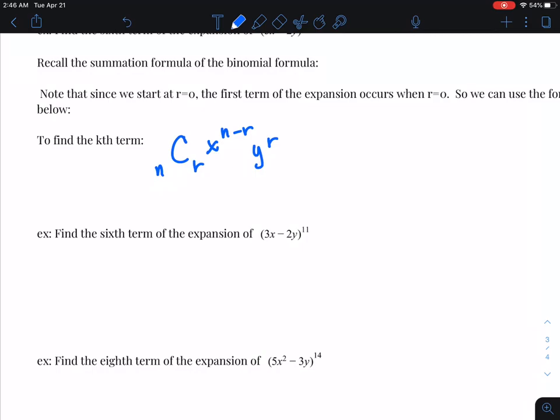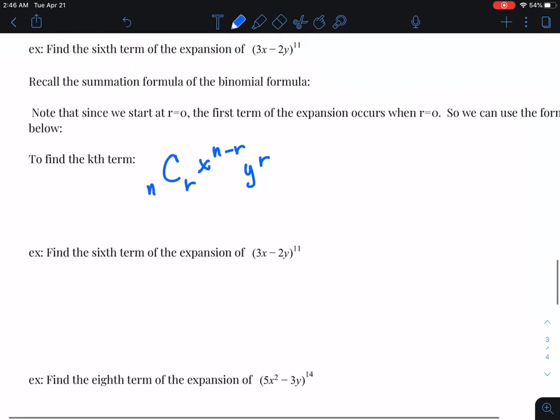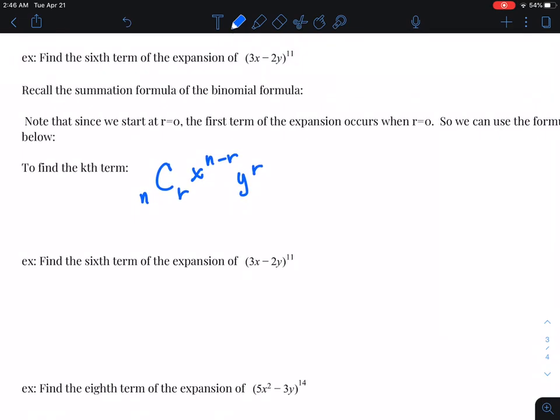So first, let's figure out what our n and what our r is. Okay, so we are trying to find the sixth term of the expansion 3x minus 2y to the 11th.